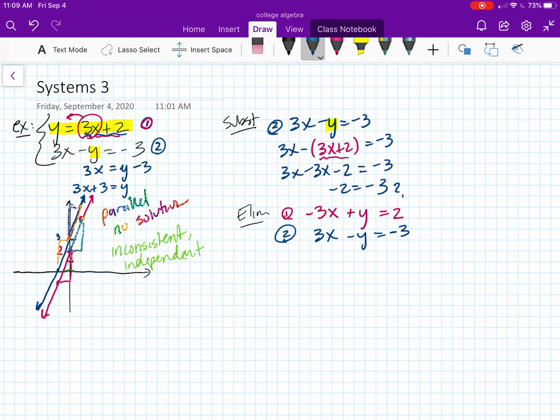We don't need to do anything. Now we try to manipulate these so something will cancel, but notice if we simply add them as they are, the negative 3x and 3x cancel, y minus y cancels, and on the right hand side we have 2 minus 3, which is negative 1. So on the left, everything canceled, we had 0. Again, an untrue statement. It's impossible, which implies there is no solution.